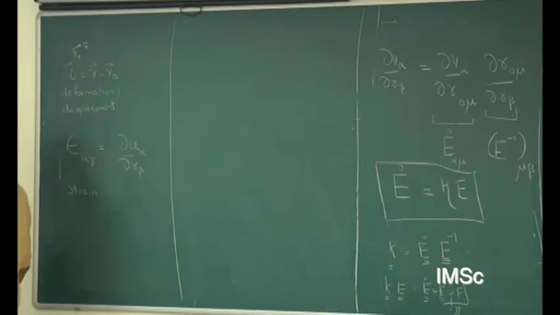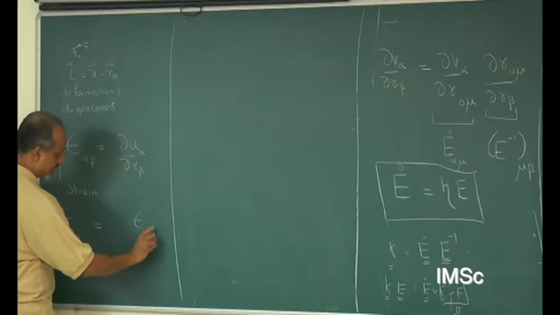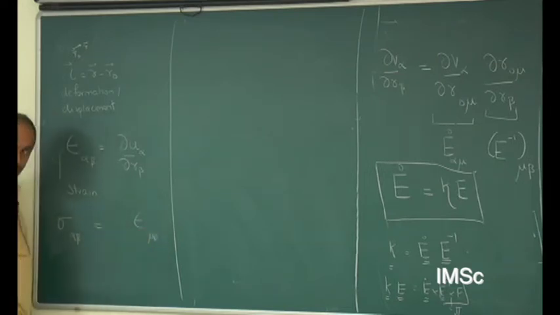So now, remember that if I tell you at every point how much I have deformed it, I'm creating a certain stress in the system at every point. If I assume that the relationship between stress and strain is linear, as I did earlier, then the stress sigma alpha beta must equal the strain epsilon mu nu.